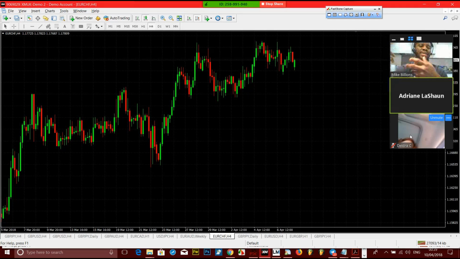You can enter one position and it takes you to your $20 at a particular level. Then you wait and see whether you can get a pullback so you can enter another position. But don't let your position stay in the market and expect it to give you $100 at once.